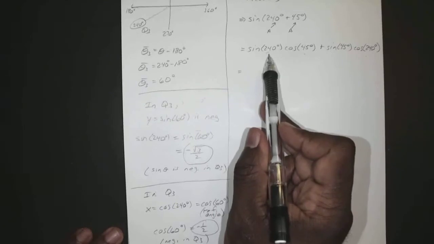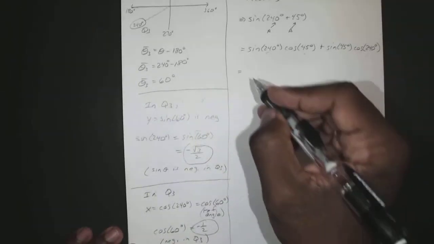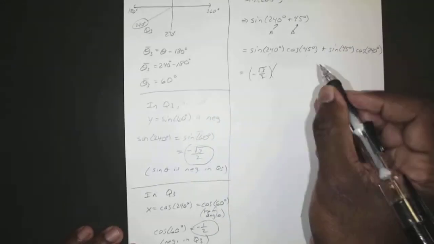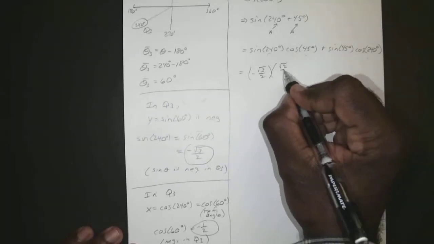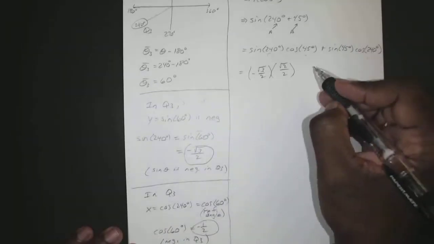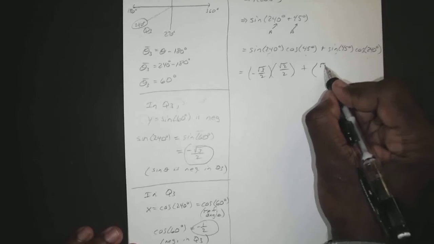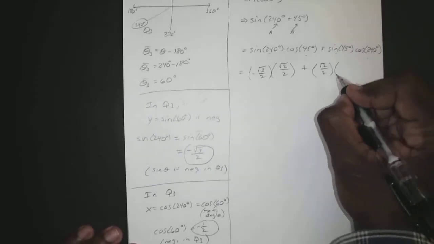Okay. So sine of 240 degrees, we know that's negative square root of 3 over 2. Times cosine of 45 degrees, square root of 2 over 2. Plus our sine of 45 degrees, which is square root of 2 over 2. And our cosine of 240, which is negative 1/2.